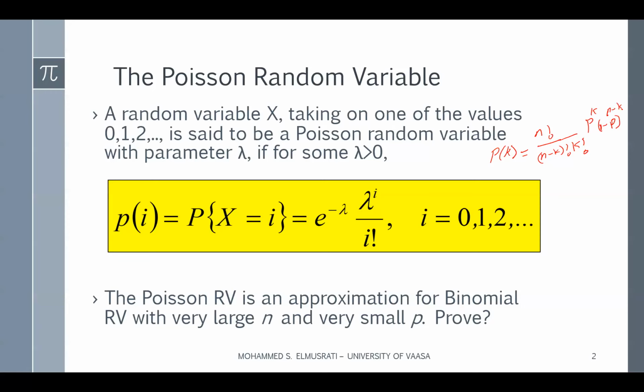So the number of failures was n minus k, the number of successes was k, and then we take this product of probabilities.